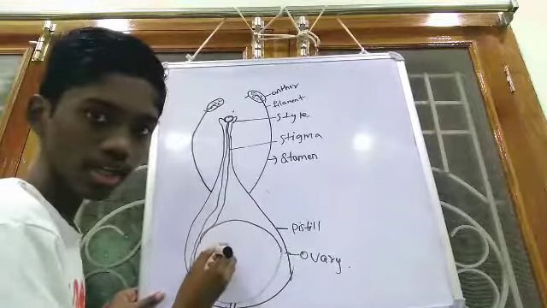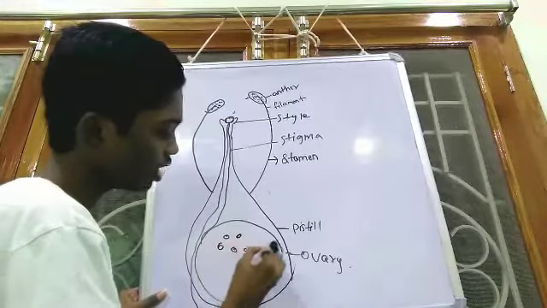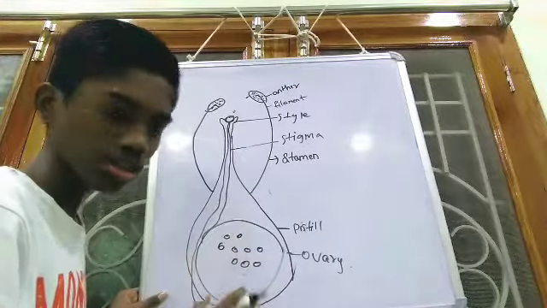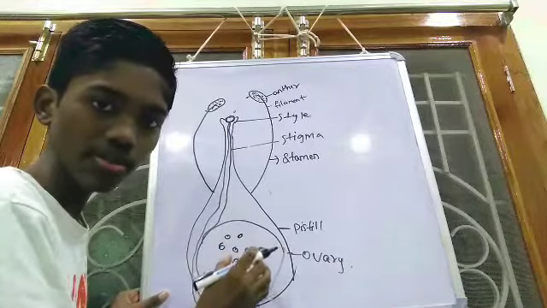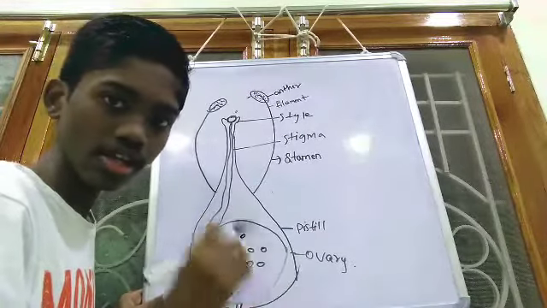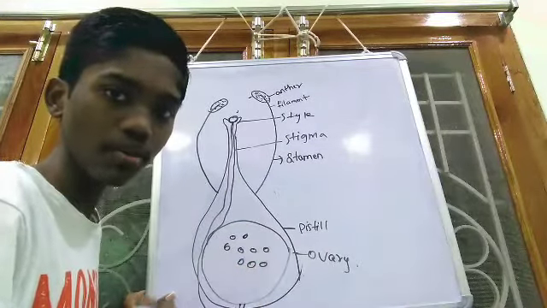So inside the ovary, the ovules are present, similar to the pollen grains. The number of ovules depends on the kind of plant. In some plants there is a single ovule, in some plants there are 2 ovules, and in some plants there are even 100 ovules.